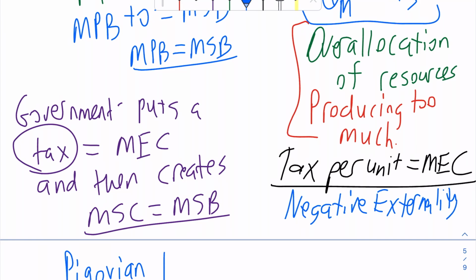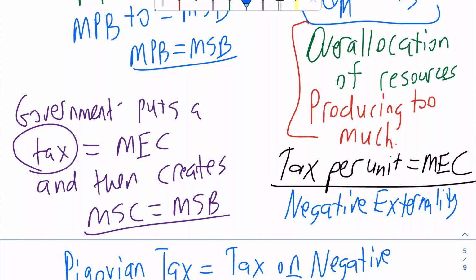So anytime you see a Pigouvian tax, just know that this is a tax on negative externalities. And obviously whenever you see a Pigouvian subsidy, you should be thinking of a subsidy on positive externalities.